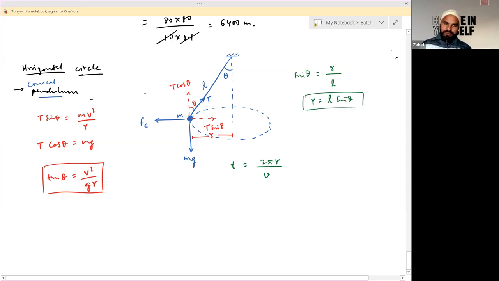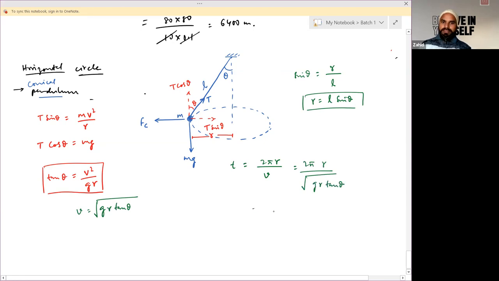If you find velocity from this part, it will be root under g r times tan theta. Put these two terms in this expression, you will get 2 pi r divided by v, which is root under g r times tan theta.